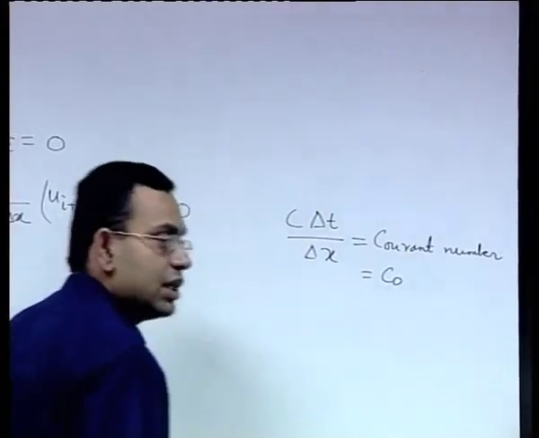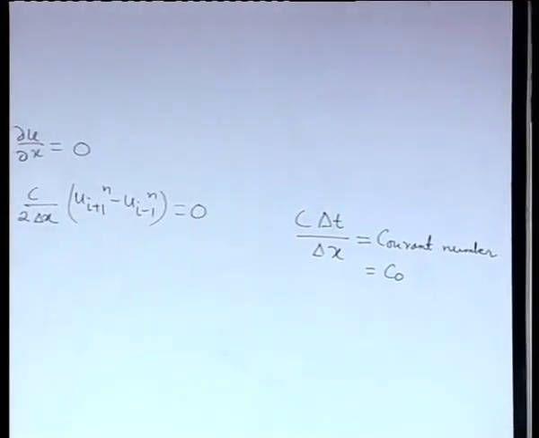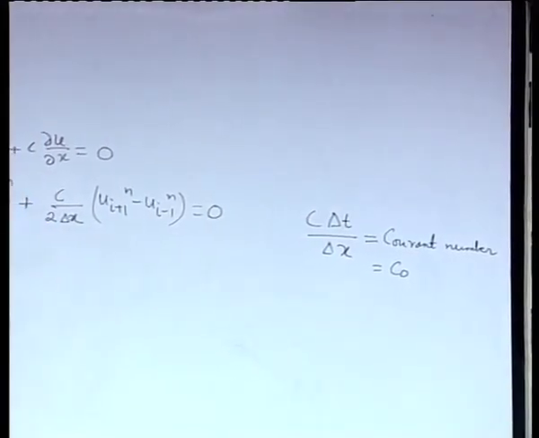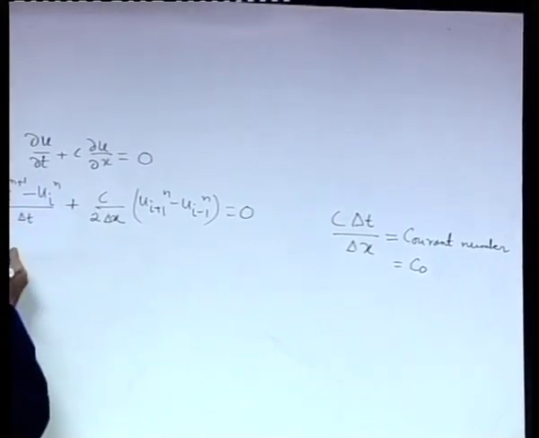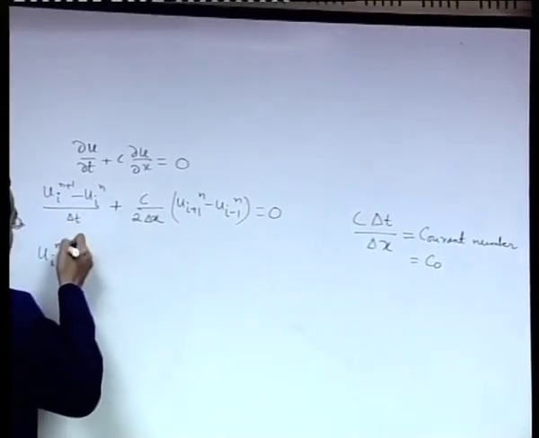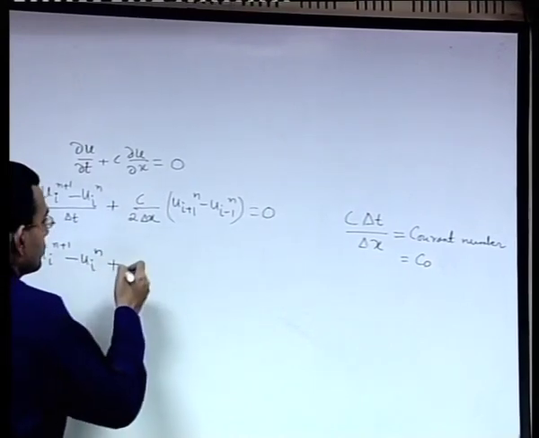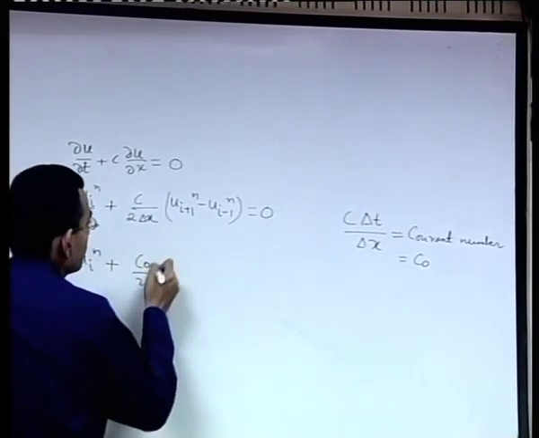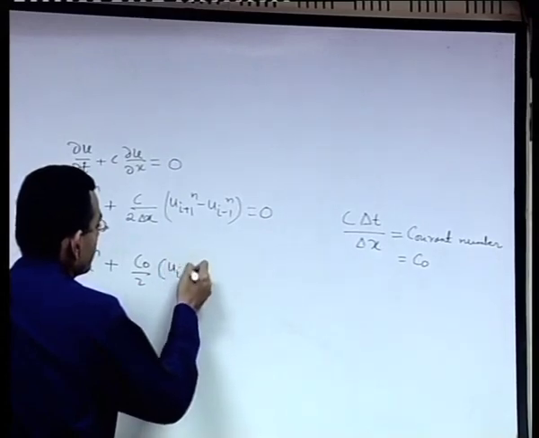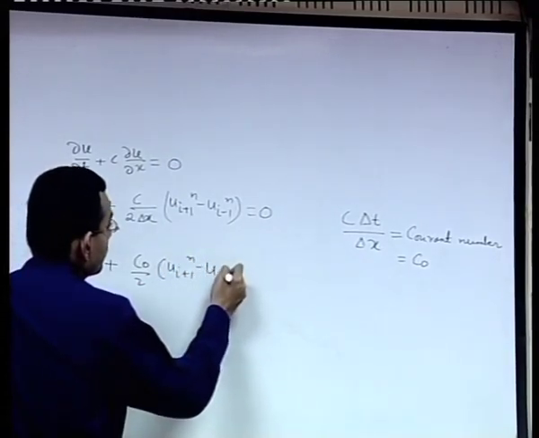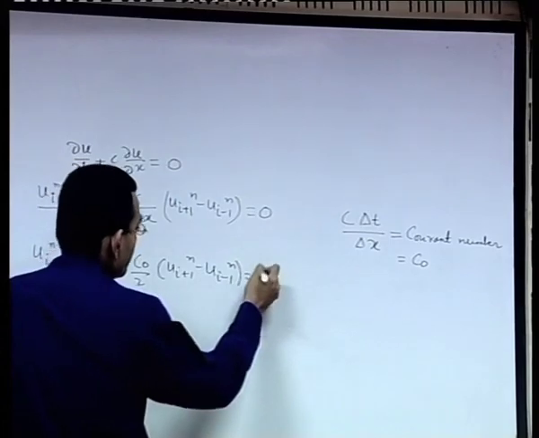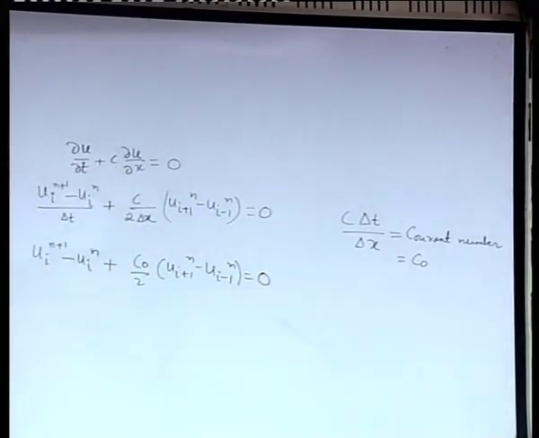We will come to the physical significance of this number, but if we just do it mathematically, what we get is u i n plus 1 and so on. So this is the difference equation.